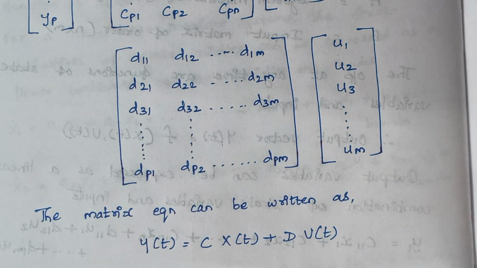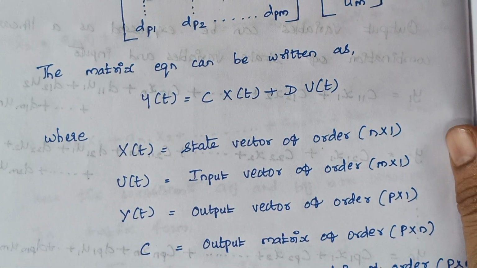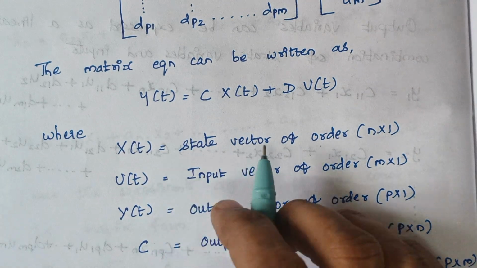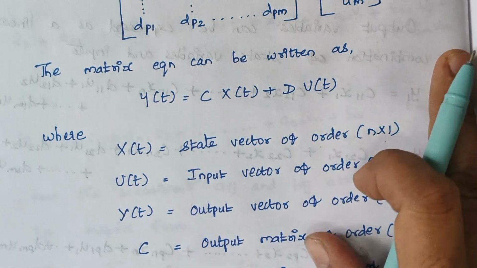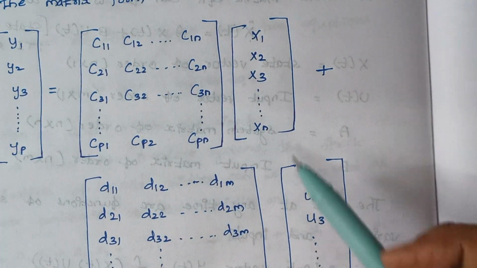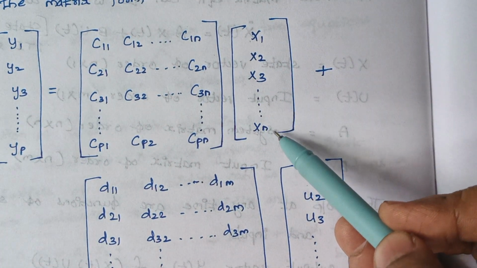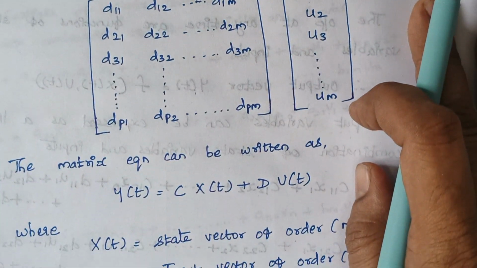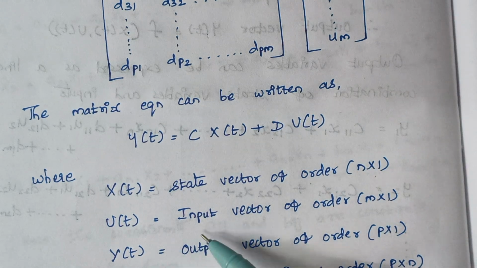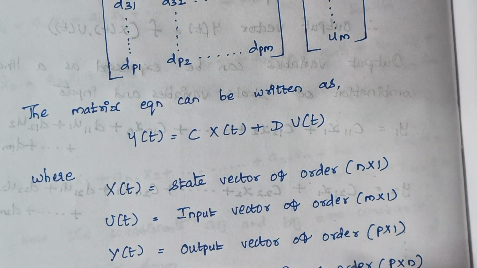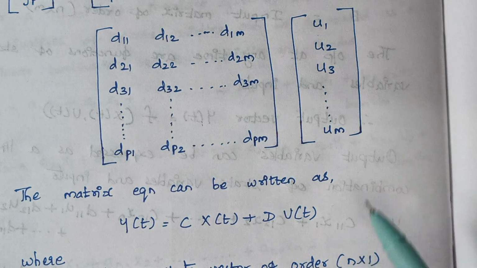Here again x of t is nothing but the state vector of order n cross 1, because x of t is a column matrix. So here it is represented as n cross 1. And u of t is nothing but the input vector of order m cross 1, because here the maximum value is m.